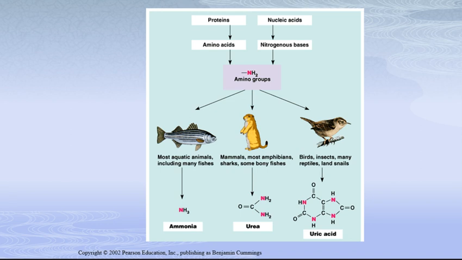And it's really not very expensive energy-wise to produce. Birds and reptiles, right, they're going to produce uric acid, and this actually is going to be highly concentrated in them. The catch is, though, to reabsorb all that water, it's very energy intensive, right? It's non-toxic, but it's really expensive.